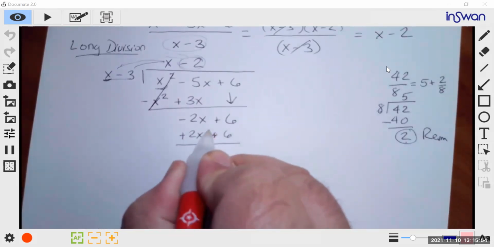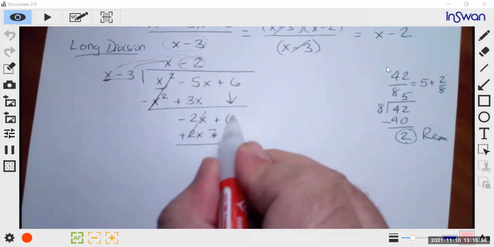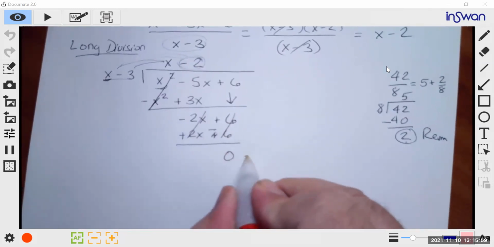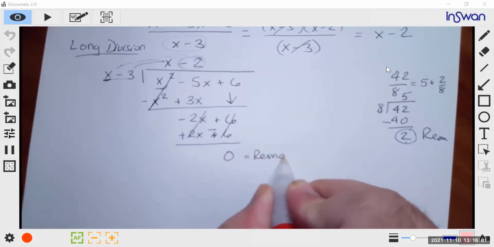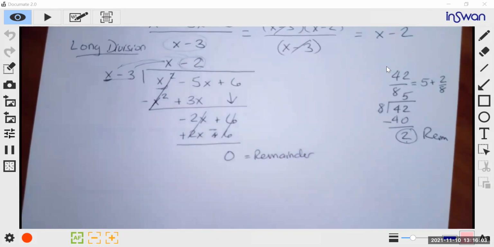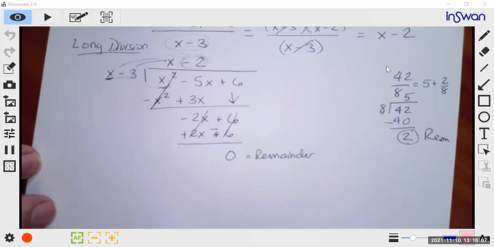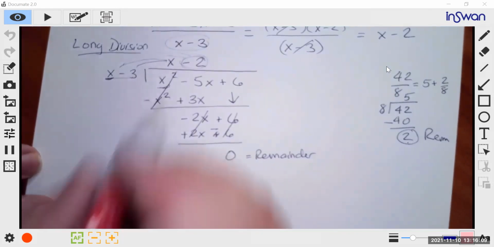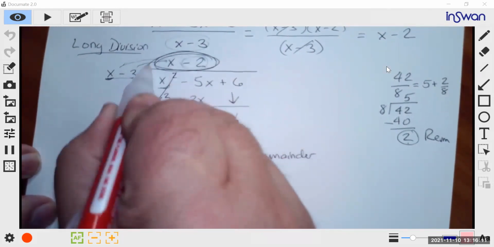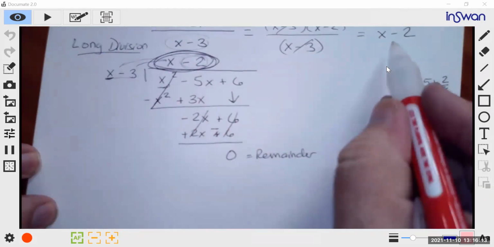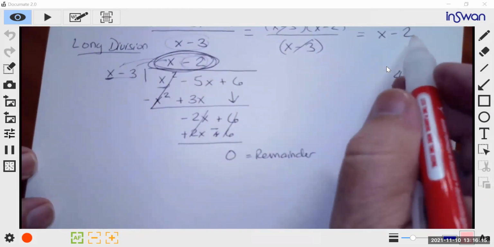Change the signs and add. Sure enough, our answer is x minus 2, which is what we supposed.